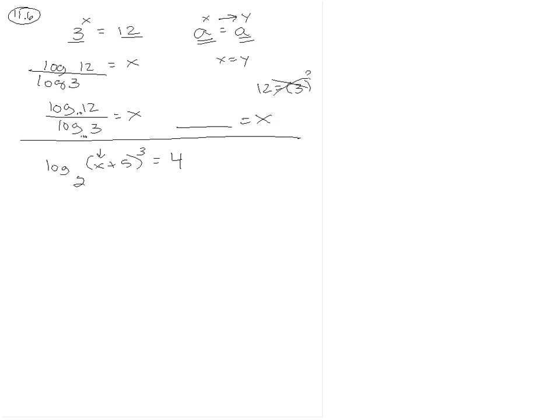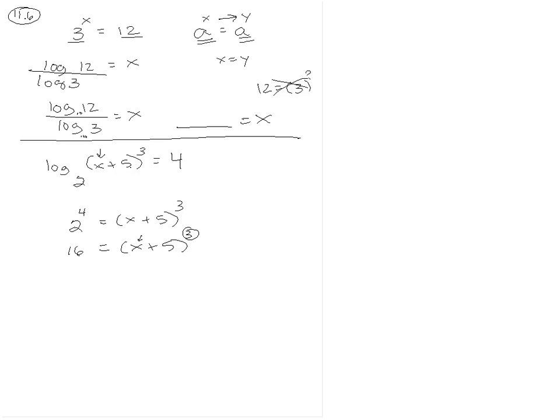We change it out. So you get base 2 to the 4th equals (x plus 5) cubed. Exponential form. Well, okay, we can do this. 2 to the 4th is 16, and (x plus 5) cubed. How do we solve for x? We have to get rid of this.